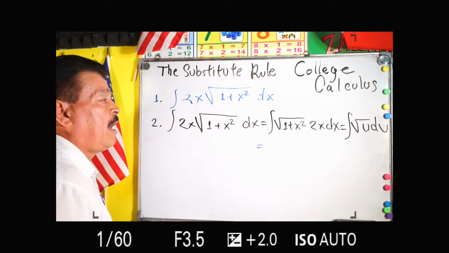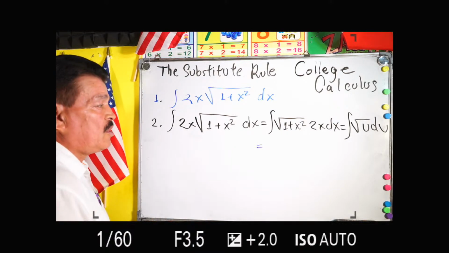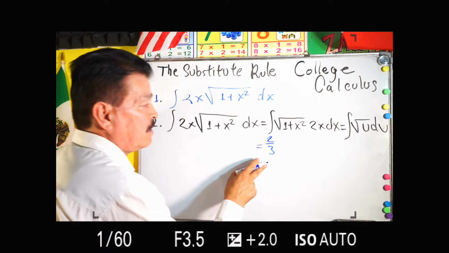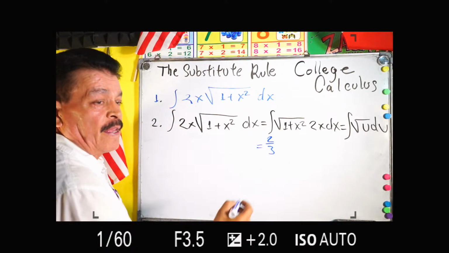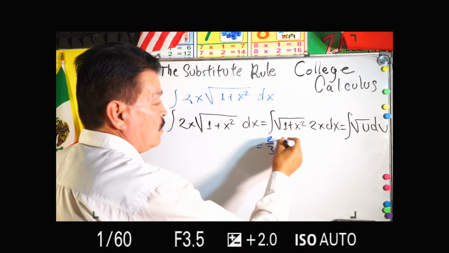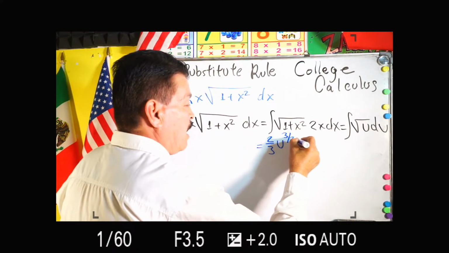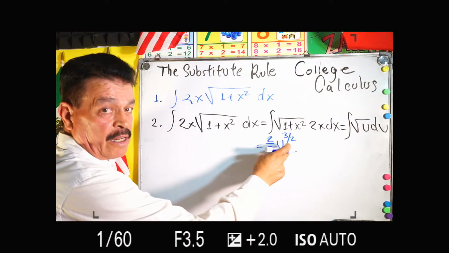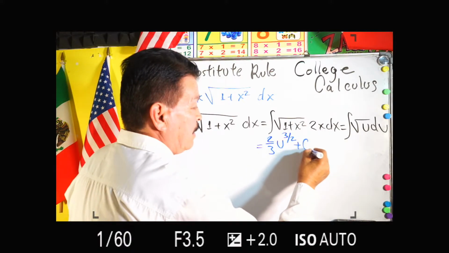Let's write it: this is going to be equal to 2/3 u to the 3/2 power, plus c.